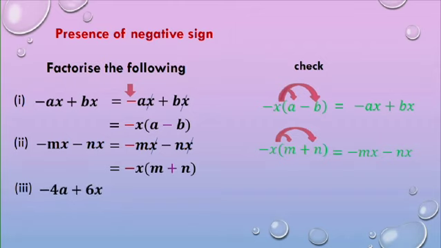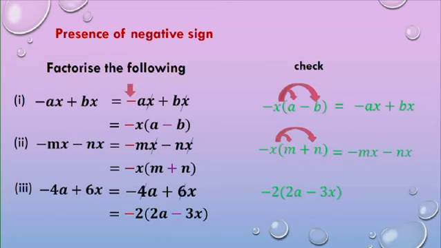Another example, here the common factor is 2, but since we have a negative in front, we're going to take minus 2 outside the bracket. So minus 4a divided by minus 2 is 2a, and positive 6x divided by minus 2 is minus 3x.